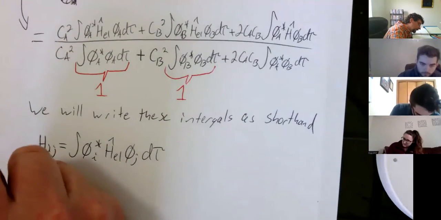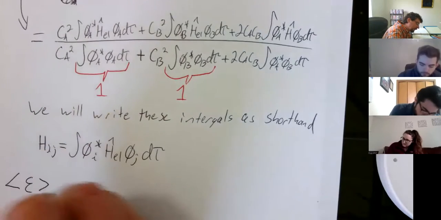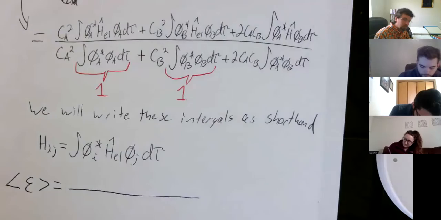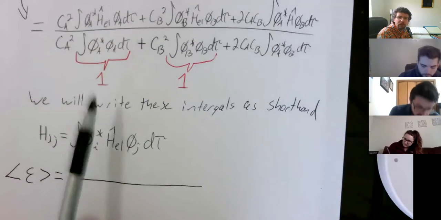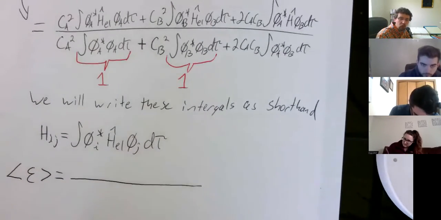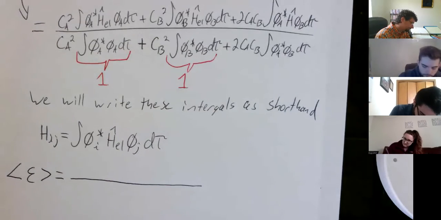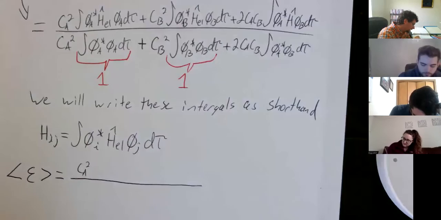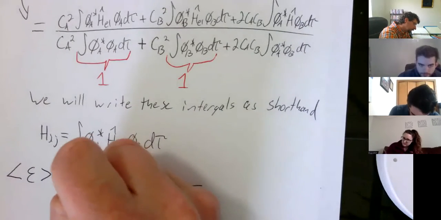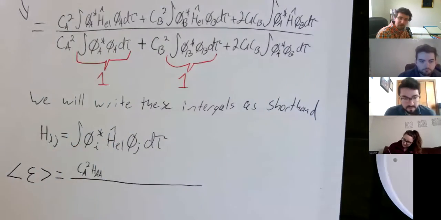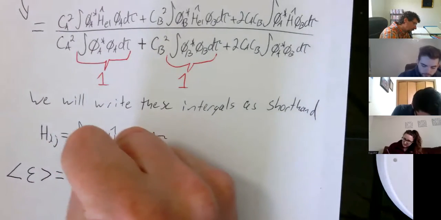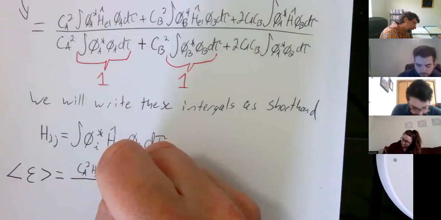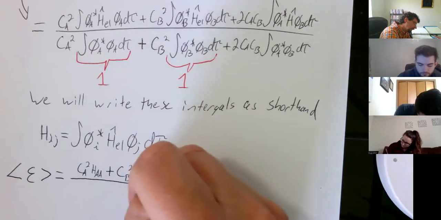Okay, so let's rewrite our energy expression. What's it going to look like? CA squared times what? HAA. Next term: CB squared, H what?